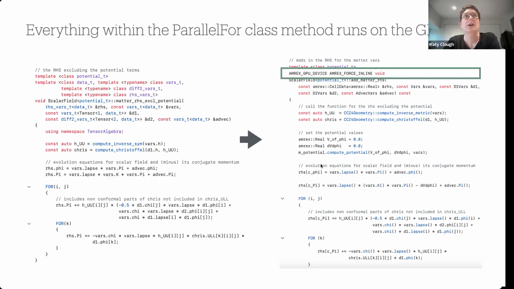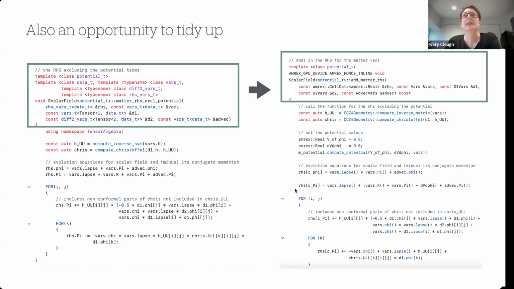So we also had an opportunity to tidy up. I actually think that the new code is simpler than the old code. If you look on the left, we had this horrible thing. There's historical reasons for everything.